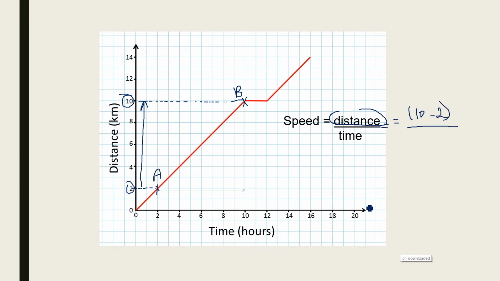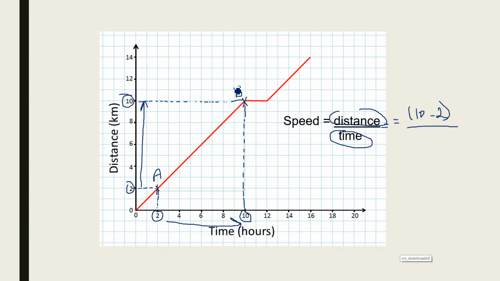What about the time? Speed is equal to distance over time. At point A, the time on our stopwatch was 2 seconds. At point B, the time was 10 seconds. So what is the time taken for this trip from A to B?